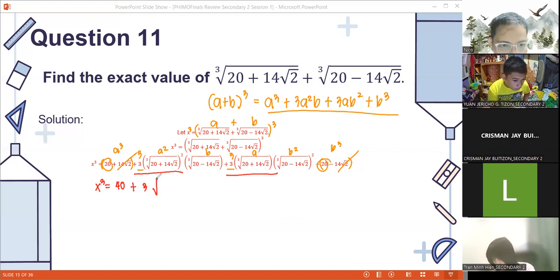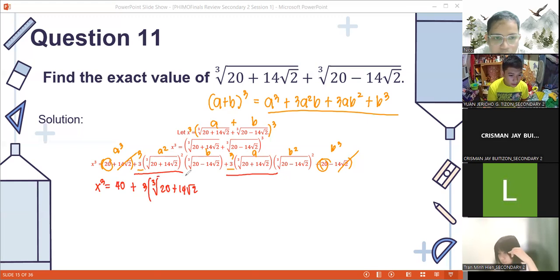So we'll get the cube root of, cube root of what? 3 plus, what will happen here? Observe the pattern. If you factor it out, we're going to get the cube root of 20 plus 14 square root of 2, okay? And then the cube root of 3 times 20 minus 14 square root of 2, okay?